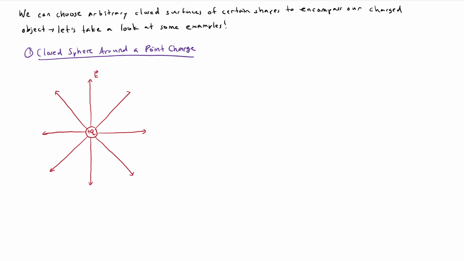And I have a closed sphere that I have to draw. So the closed sphere, I'll just draw one over here that's got a smaller radius. And I'll draw another one with a larger radius.